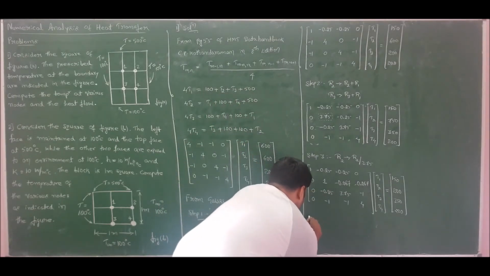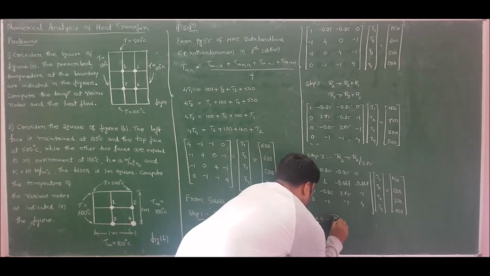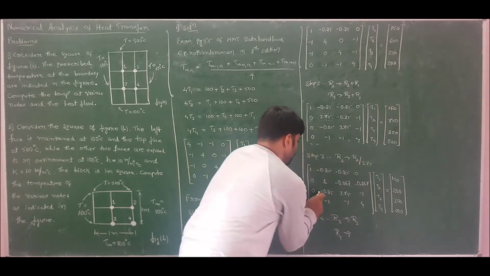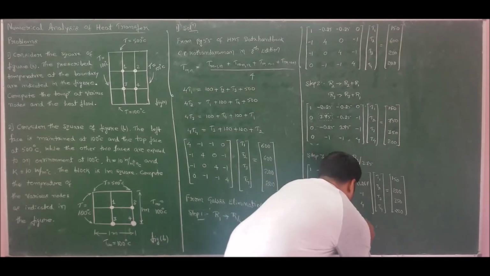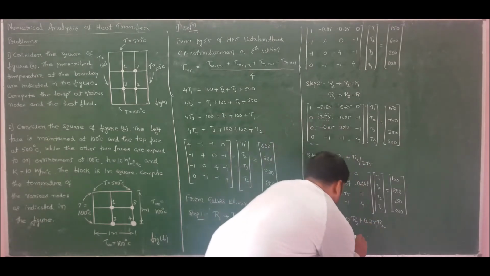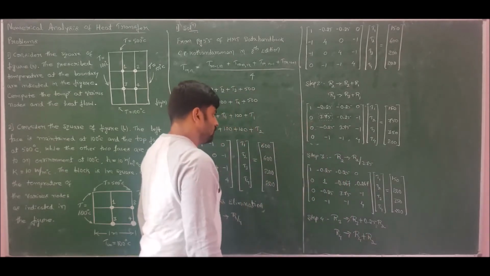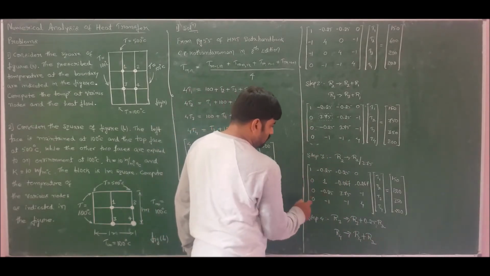In step 4, I will perform the operation as R3 and R4. So R3 tends to R3 minus 0.25, so therefore I will make it as plus 0.25 times R2. Here I have minus 1, so therefore it is R4 plus R2. Minus 1 plus 1 will become 0.